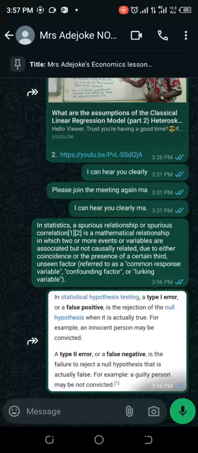So that's a type 1 error. It is called a false positive, that is, the result comes out positive that the drug cures malaria, but it is a lie, so it is a false positive. That's one.